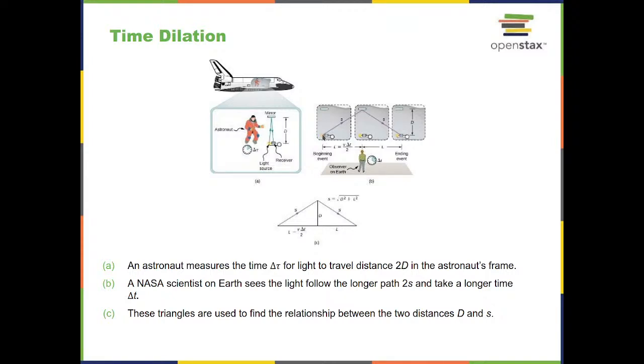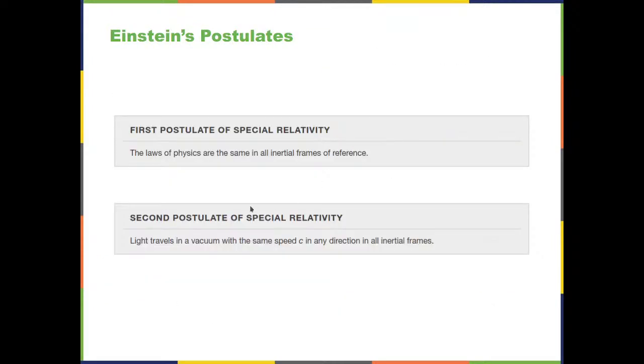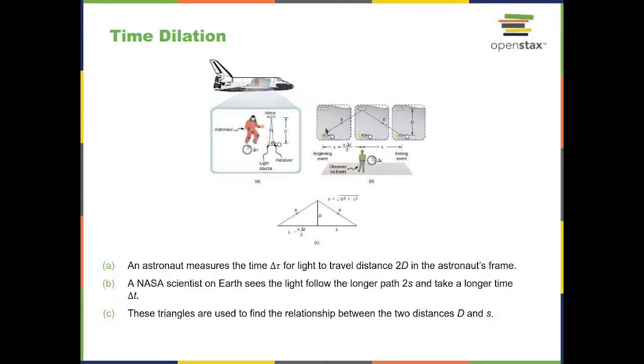So the light, which is still traveling at the speed of light in vacuum, per Einstein's second postulate, the speed of light is the same. So that light travels now a distance s, and another s, which is going to be greater than d. And the time difference that the observer measures is delta t.